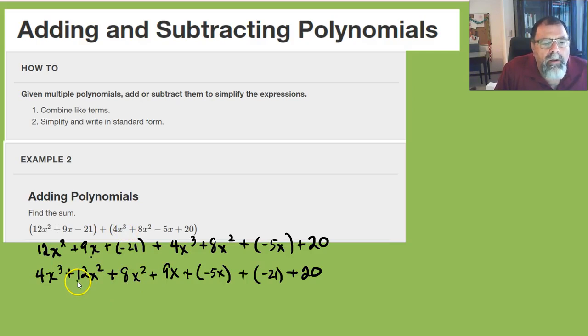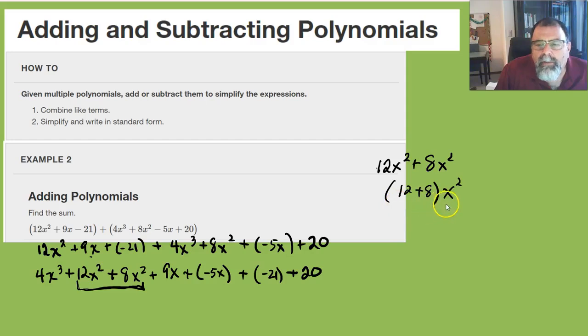And now I'm going to do what we call combine like terms. Like terms are terms that have the exact same variable part to the same power. So this is x squared, and to combine like terms, we're using the distributive property. We're going to factor out the x squared, and then add the numbers.